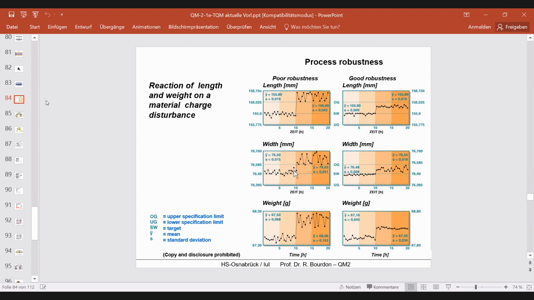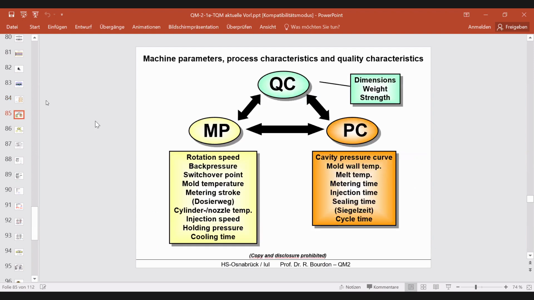And you can see it here, the length dimension, width dimension, and the weight. So in the right line here, you see in these diagrams the process has a better robustness against outer disturbances, and a batch change of the material is an outer disturbance. So this is possible. You can do it with DOE methods.